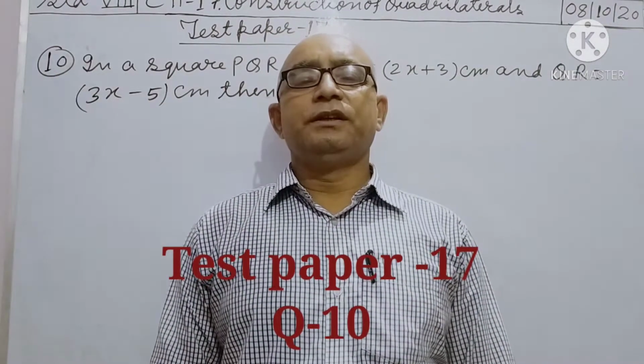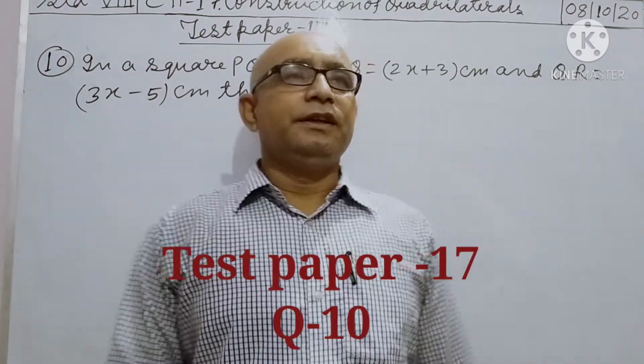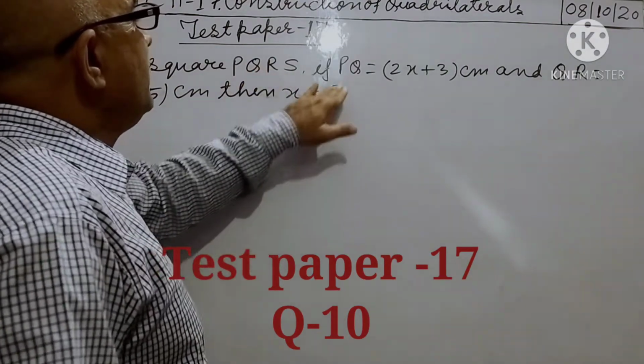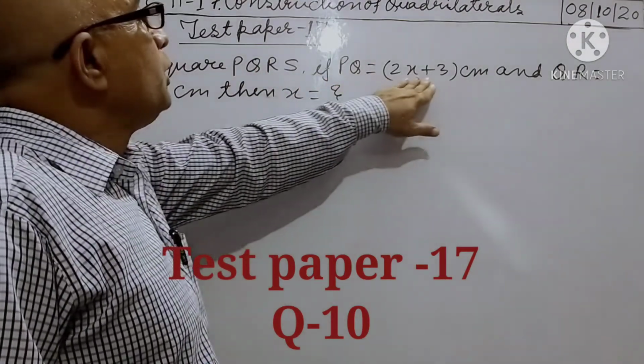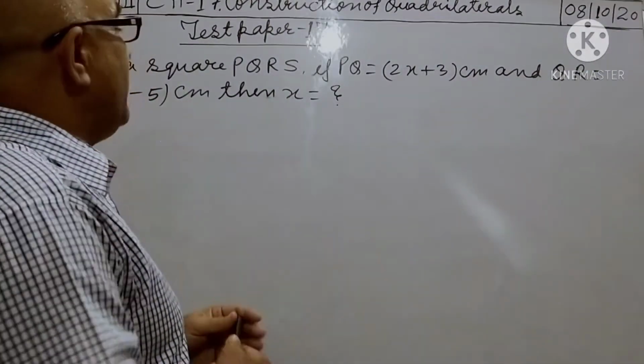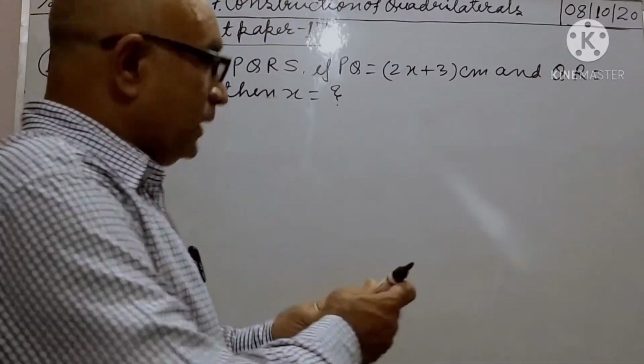Next question is question number 10. In a square PQRS, PQ equals 2x plus 3 cm and QR equals 3x minus 5 cm, then x equals what?